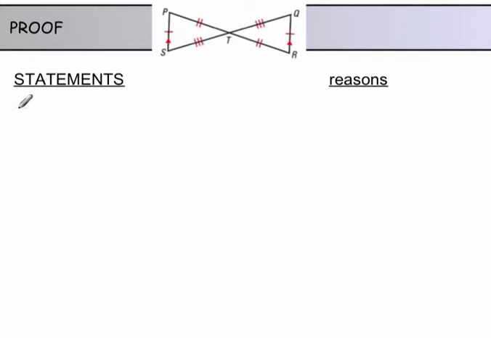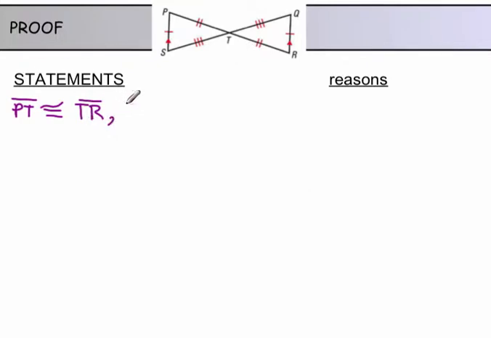If you just look at the markings, we know that line segment PT has to be congruent to line segment TR because those both have two lines through them. Okay? Now I'm going to put a comma because there's also some other line segments that work.